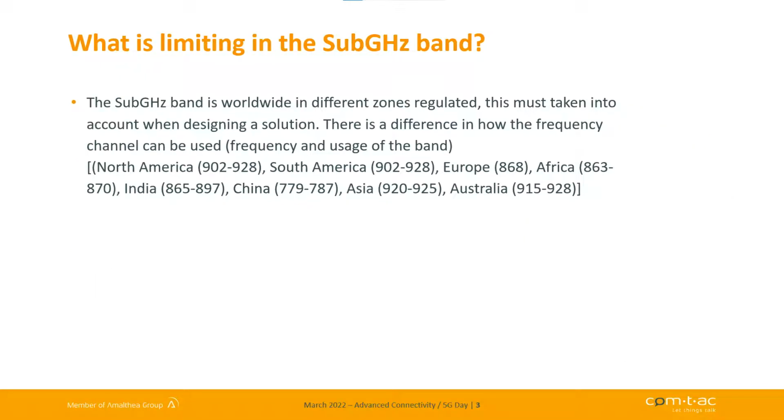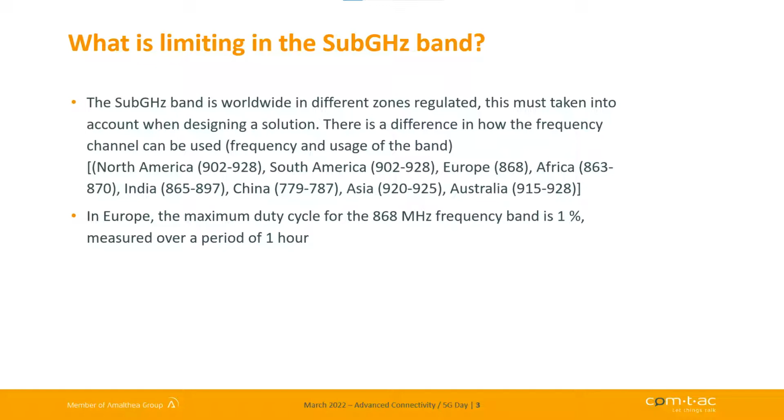In the SubGHz band, we have different zones, so it's not only regulated by less data, there are also differences, for example, between Europe and other regions. We have approximately 8 regions worldwide. Because of limited energy, because we have a lot of battery-driven devices in this field, and because of the big limitation of regulations in the SubGHz frequency band, there are a lot of disadvantages for this technology, and we have a very limited amount of data we can send to or get from the network.